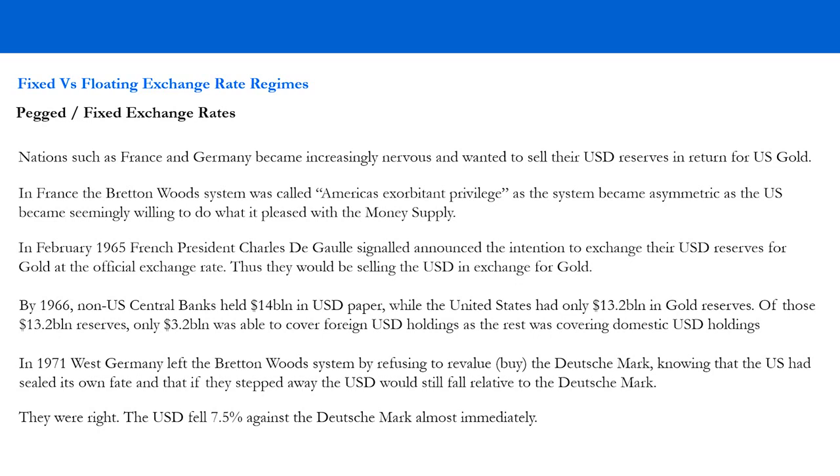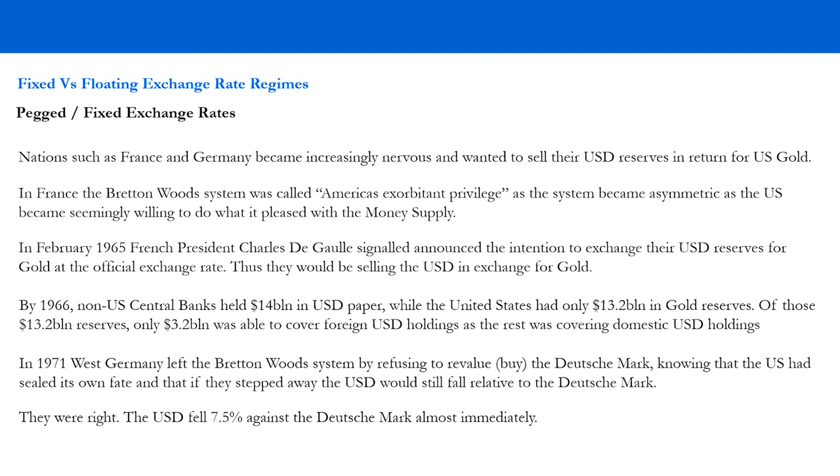And then in 1965, Charles de Gaulle, the French president at the time, announced an intention to exchange France's US dollar reserves for gold at the predetermined, agreed upon official exchange rate. So they would be selling their US dollars in exchange for gold.